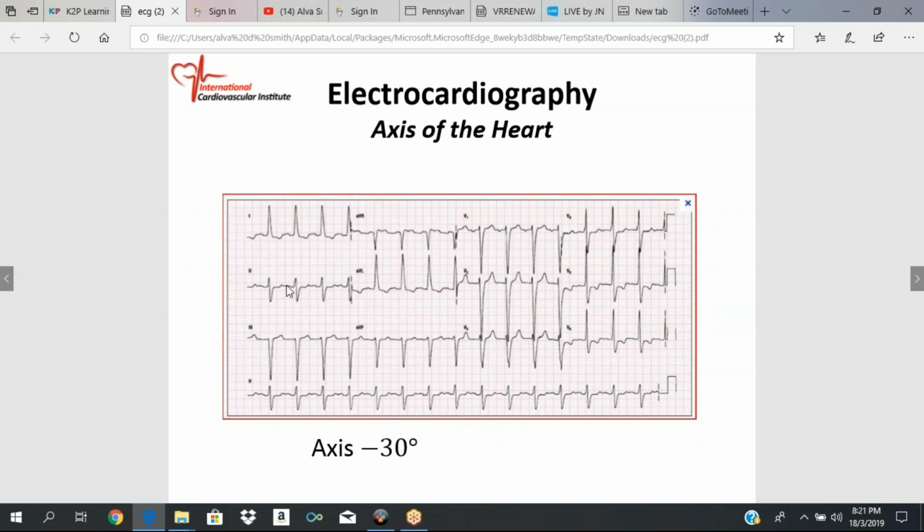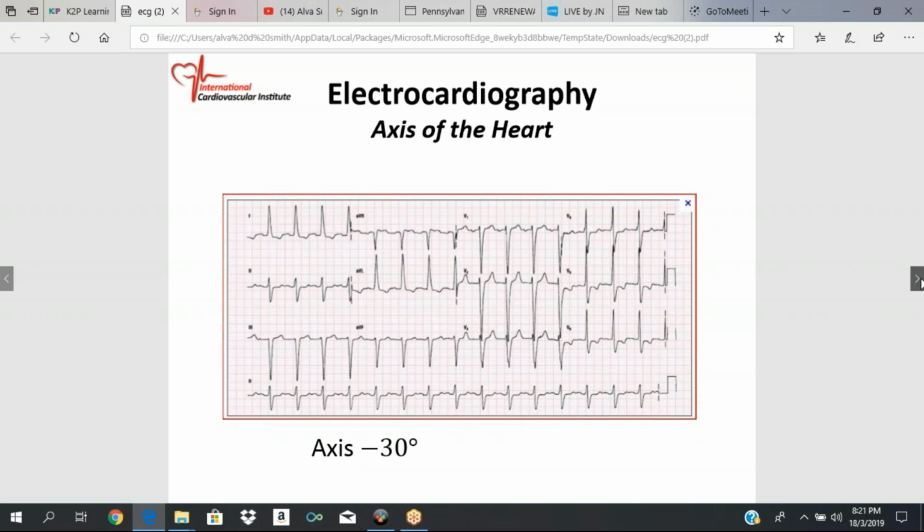The one closest to isoelectricity is lead 2. Perpendicular to lead 2 from the cheat sheet is AVL. Again, AVL subtends an angle of minus 30. So the axis here is minus 30. And that's not really difficult, right?